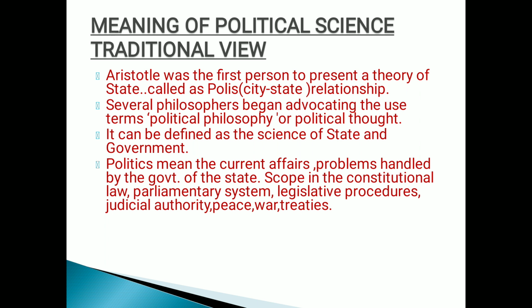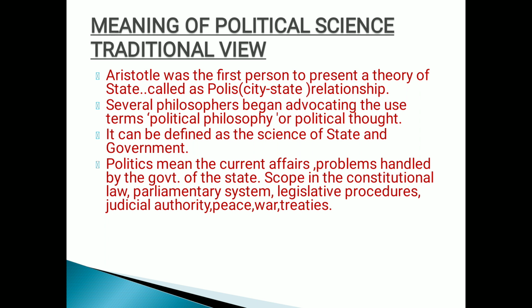However, what happened after some time? Several philosophers began supporting the use of terms such as political philosophy or political thought for the study of state. The study was revolving around the state and government, but they started using more appropriate terms like political philosophy and political thought. This view was supported because they felt that the real question to be discussed was what is the philosophy of the state, what the state would be, what should be the objective of the state, and what should be the relationship between the individual and the state.